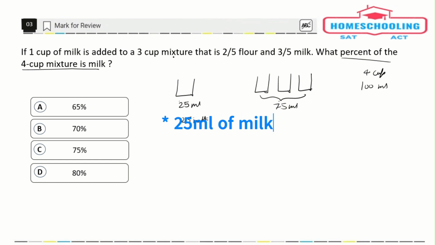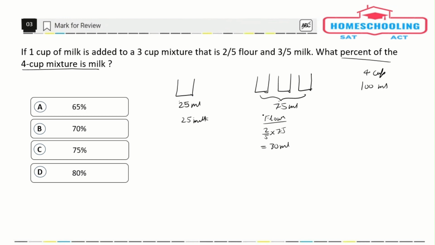And here in 3 cups, in this 75 ml, we have 2/5 of flour and 3/5 of milk. Flour would be 2 by 5, and the whole thing is 75, so this would be around 30 ml of flour.